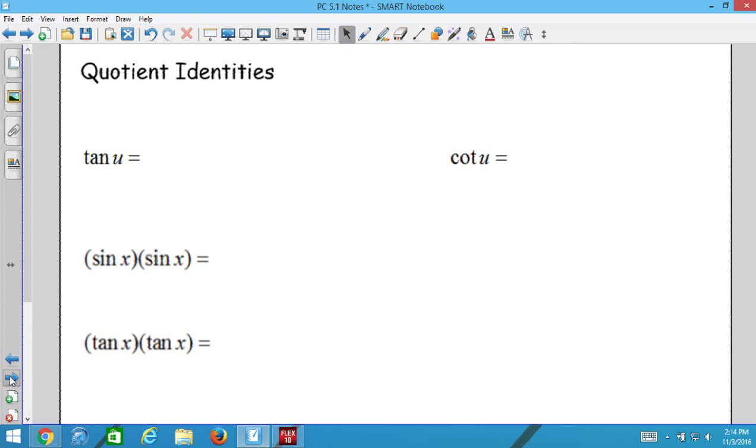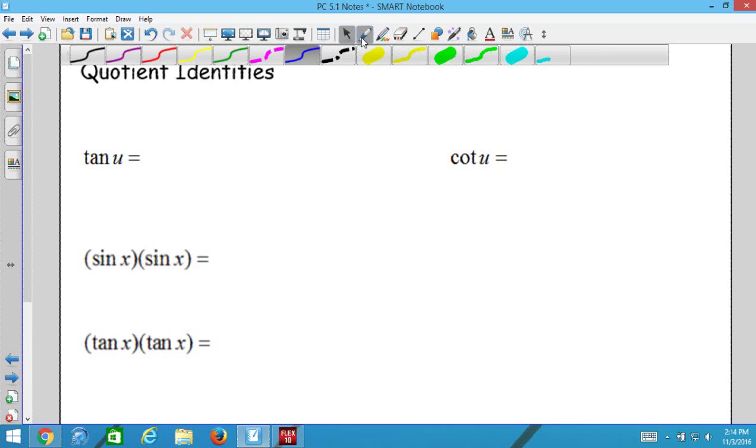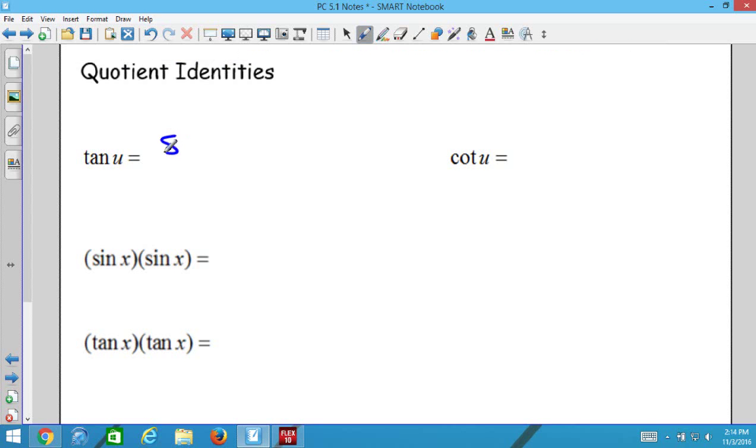The quotient identities, tangent u, we know that that is 1 over cotangent u, but that's a reciprocal identity. There's something called a quotient identity, which tangent u, and we learned this already, is sine u over cosine u. That is a quotient identity.